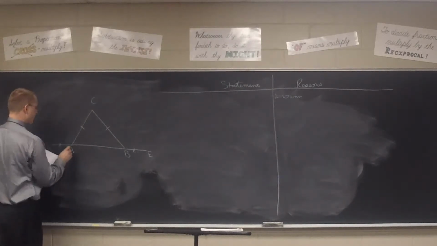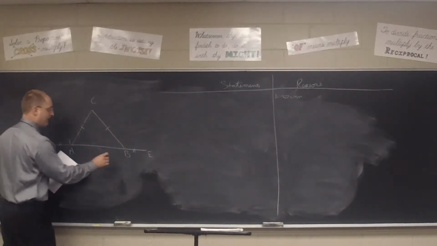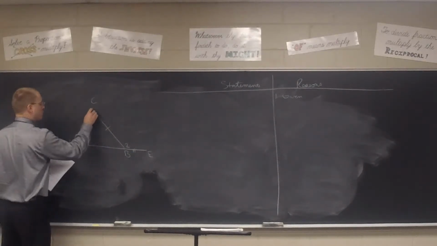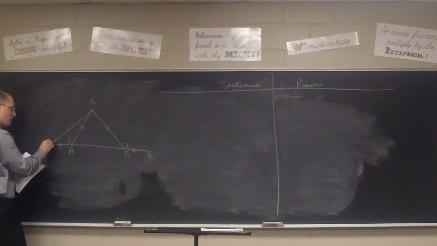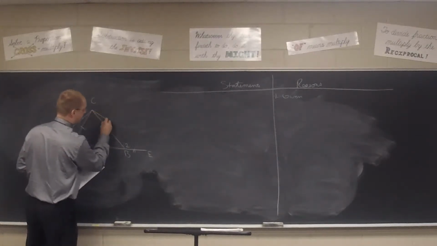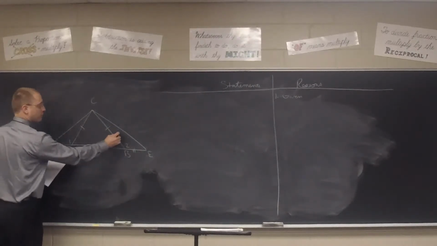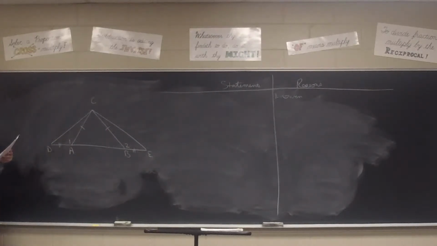I wanted you to prove, first of all, that the angles formed out here, 1 and 2, had to be equal. I then wanted you to prove that if you joined these points D and E up to C, those 2 triangles formed would have to be congruent to each other.